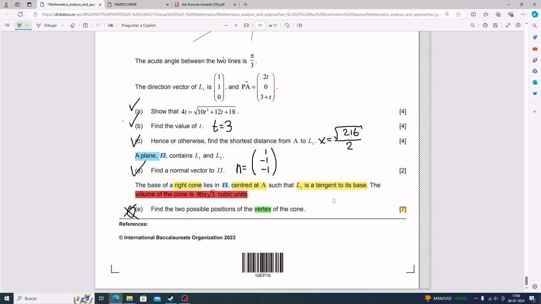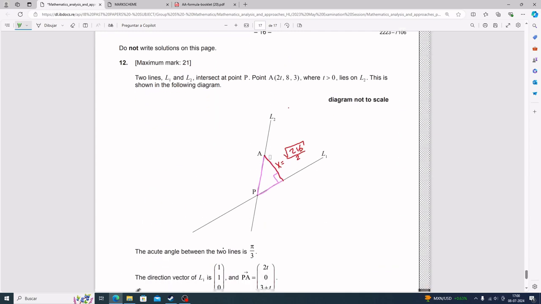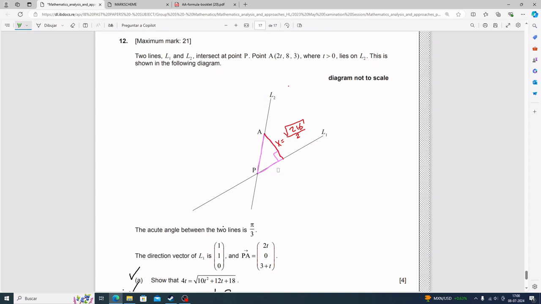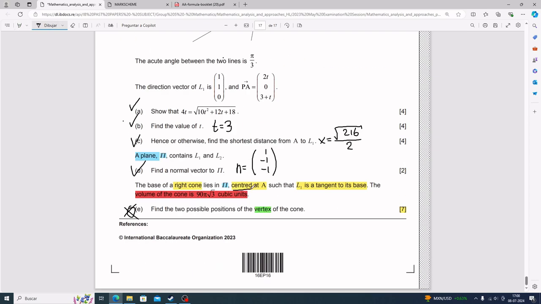First things first, visually on this diagram, we already identified that triangle there. We know that that small height, the x value that I'm putting, is square root of 216 divided by 2. We did that from earlier. And so what's happening now is that it is centered at A, we are drawing the base of a right cone.